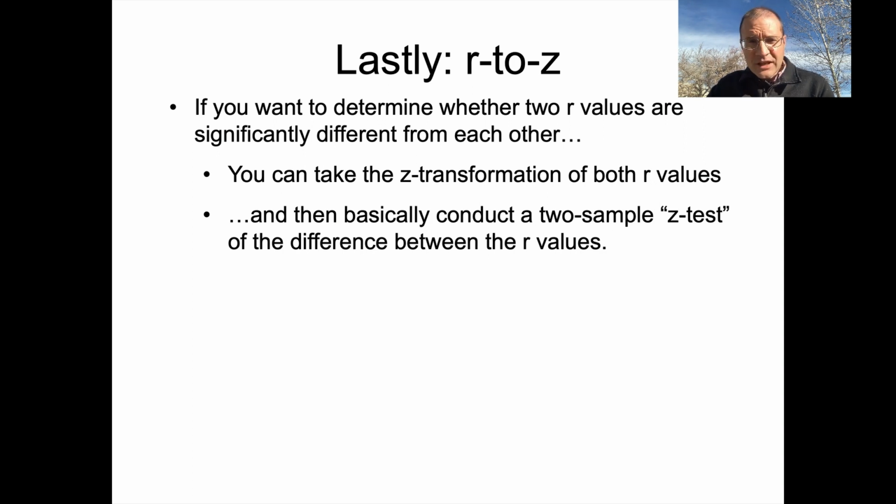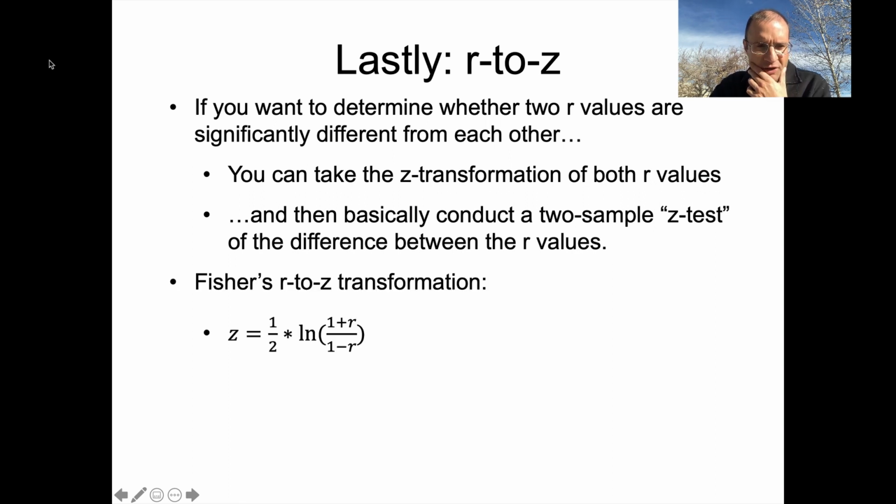So what you do is take the Z transformation of both R values, and then conduct a two-sample Z test on the difference between those R values. The specific approach, from our friend Mr. Fisher again from back in the day, is that if you have an R value for your set of data, you put it into this equation to convert it into a Z value.